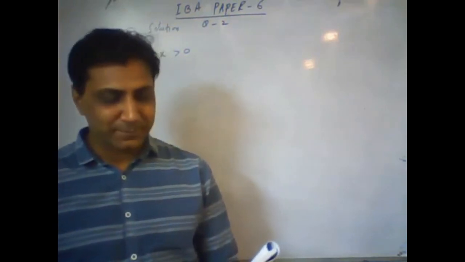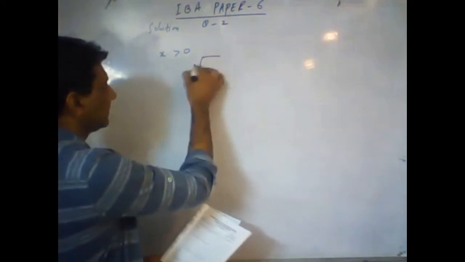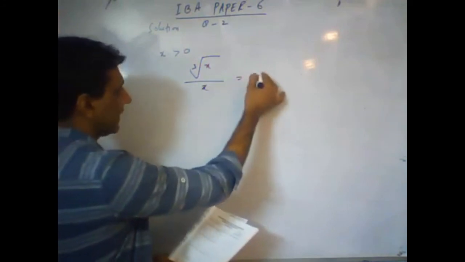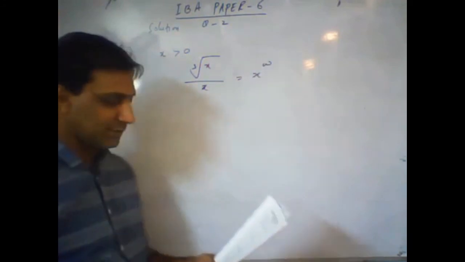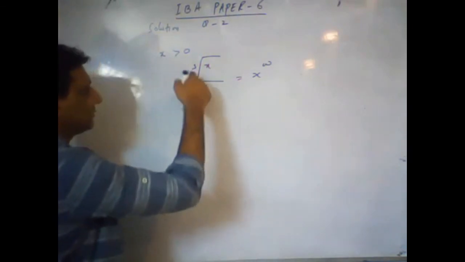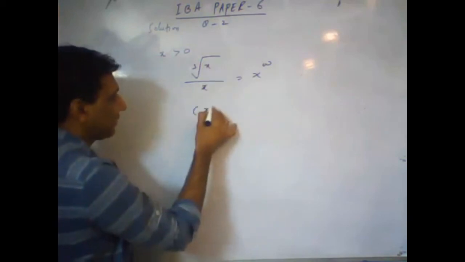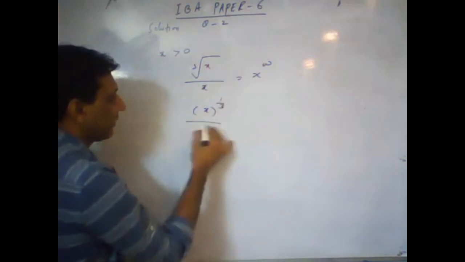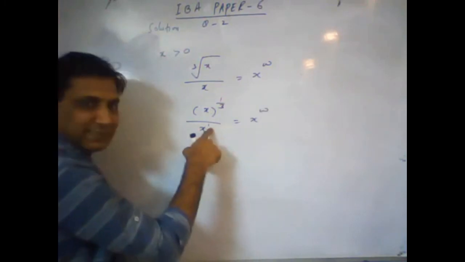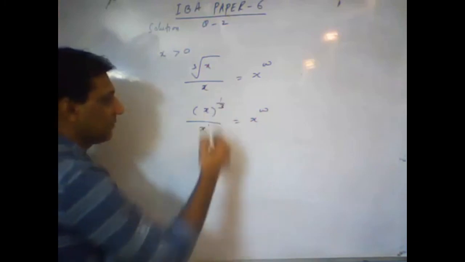Satisfying this equation, the cube root of x over x is equal to x to the power w. So what is the value of w? Whenever 3 is in the index, it means power 1/3. So x to the power 1/3, over x to the power 1. Since this is in the denominator, when you take it up, it will be minus 1.